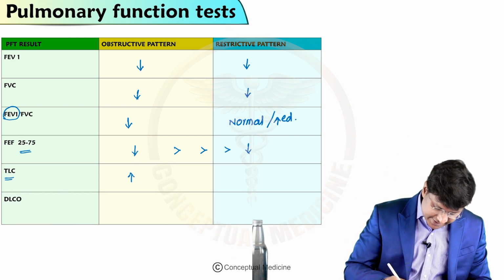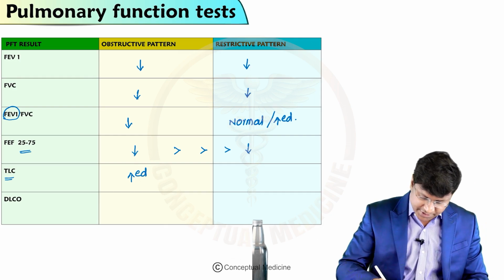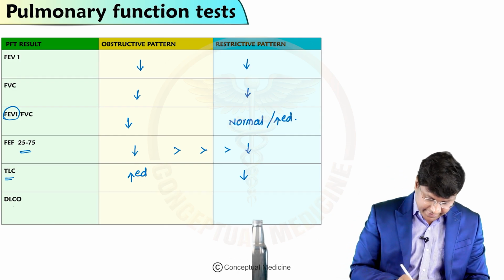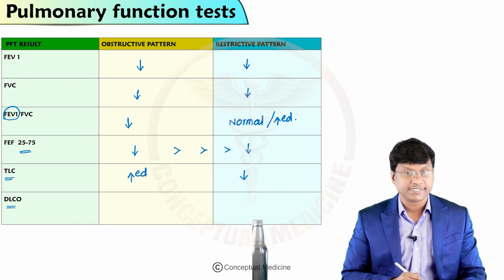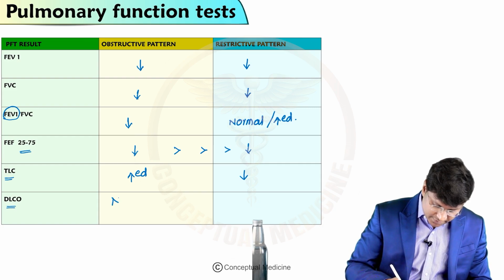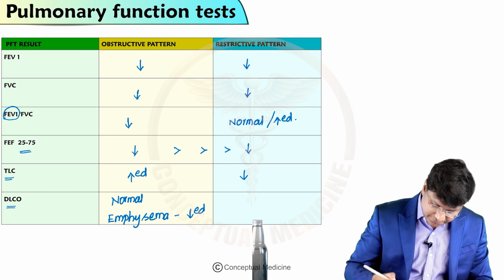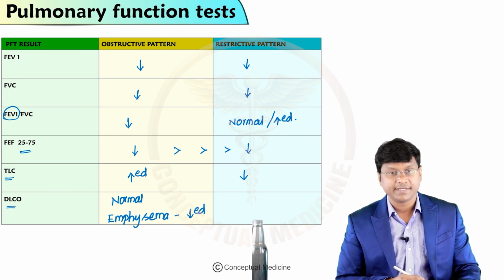In obstructive lung diseases it will be increased, whereas in restrictive lung diseases the total lung capacity will be decreased. DLCO will be normal in patients with obstructive lung diseases except in patients with emphysema. In patients with emphysema, DLCO will be decreased.